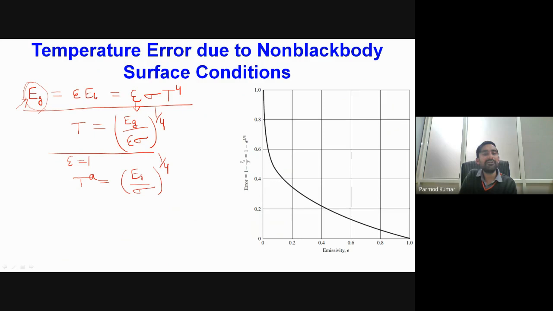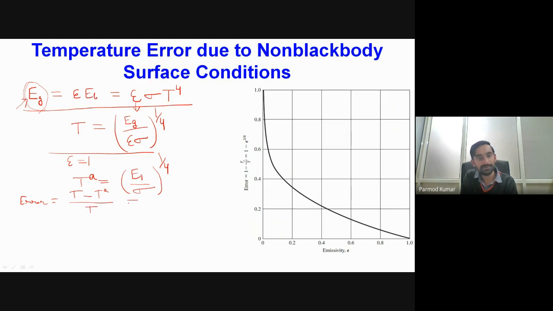Okay, so now if you measure the relative error, the relative error will be equal to T, which is the actual temperature if we know the value of epsilon, minus Ta, which is the apparent temperature obtained by considering the value of epsilon as unity, divided by our actual temperature.